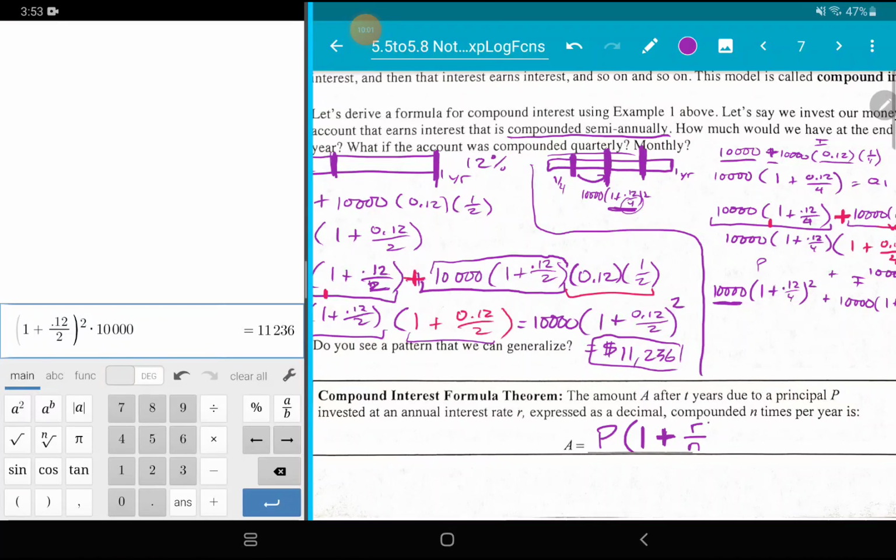Let's call that n. Taken to the, and then you'll notice you always had it to the second. We're going to see it went to the third power or to the fourth power. It's basically the number of compounds, n. And you do that for how many years you're doing this for, to the t power as well. This is going to be our formula for compound interest. Okay?